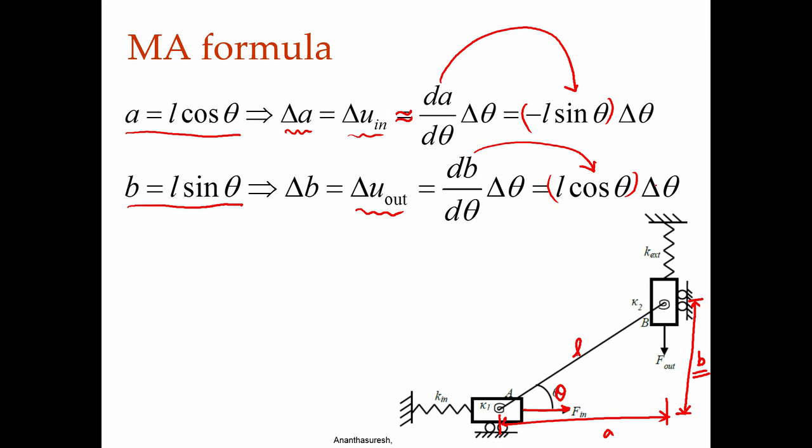So, kinematic component delta U in by delta U out is minus L sin theta delta theta divided by L cosine theta delta theta. Delta theta gets cancelled. So, L gets cancelled, it will become minus tan theta. That is the rigid body component or kinematic component.